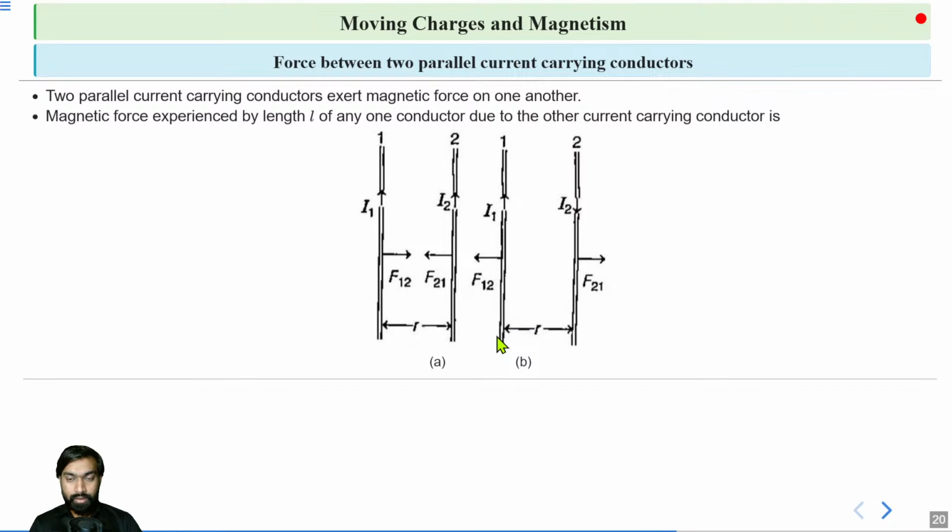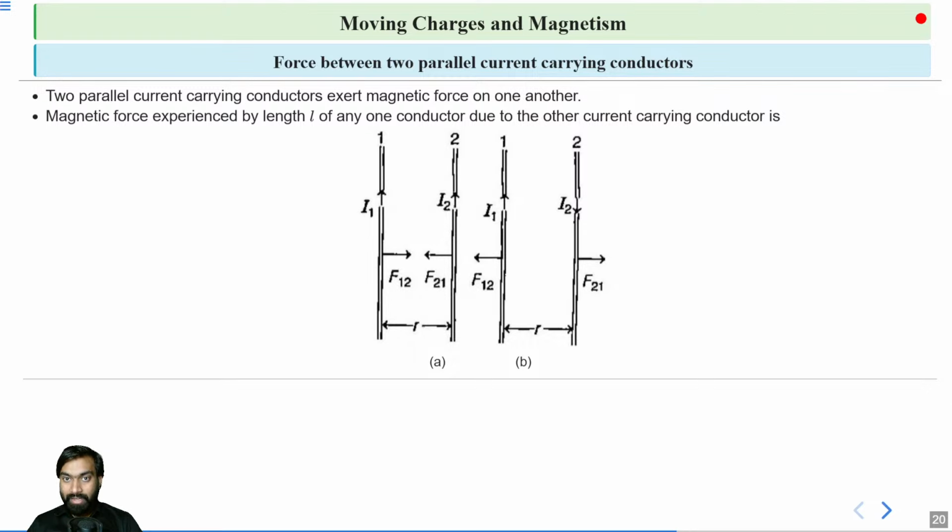Look here, we have two diagrams A and B. Consider two long straight parallel conductors separated by a small distance r. The first conductor carries current I1, and the second conductor carries current I2. The length of the conductor under consideration is L.